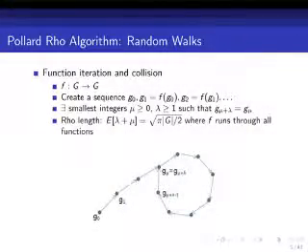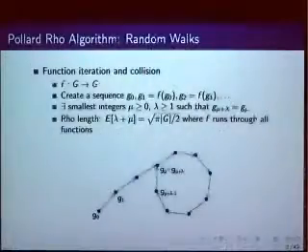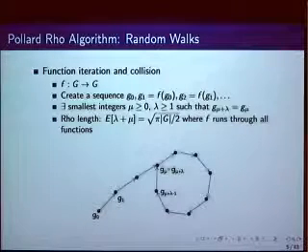Let me briefly recall the Pollard rho algorithm. In the Pollard rho algorithm we consider an iterative function f from a group G to G, and create a sequence g0, g1, etc., where g1 is defined to be f(g0), and g2 is f(g1), like this. In that case, since G is a finite group, we must arrive at some collision.